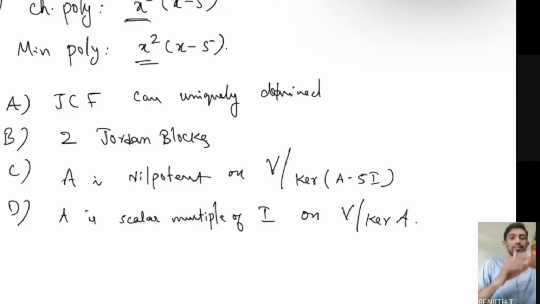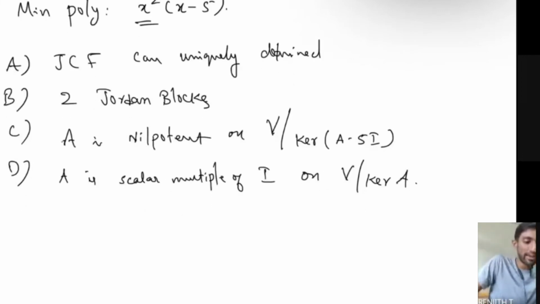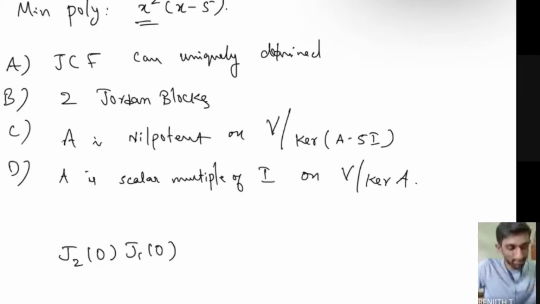Since the part for eigenvalue 0 is only 3 by 3, it should be J2 of 0 and J1 of 0. There are no other options. Since x cubed is given, only a 3 by 3 matrix corresponds to 0, and one Jordan block must be of order 2, as given by the minimal polynomial.